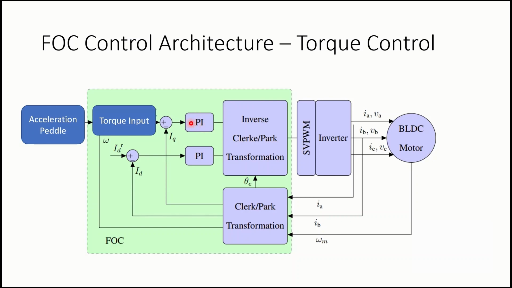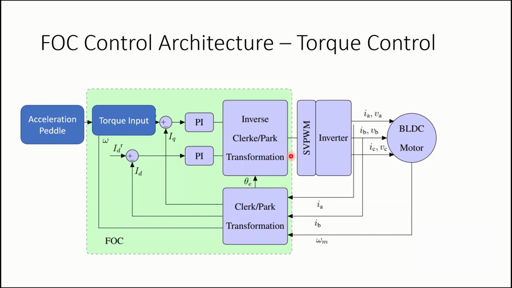Then we have the PI controller, and through the PI controller, by doing the inverse Clarke transformation, we get the voltages VA, VB and VC. At the input of this transformation, we have VQ at this PI and VD at the end of this PI. This VD and VQ are converted into VA, VB, VC.